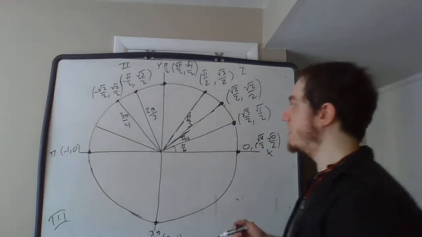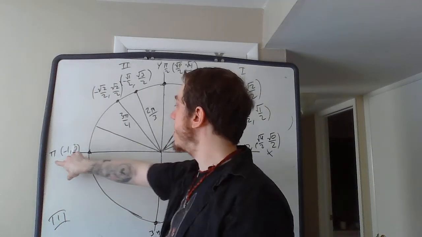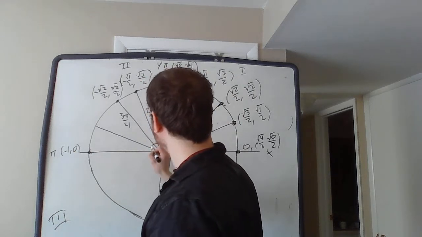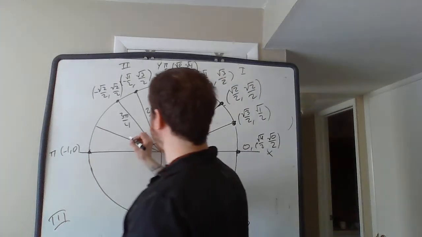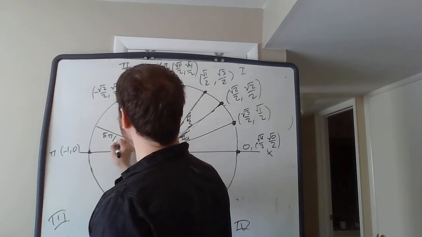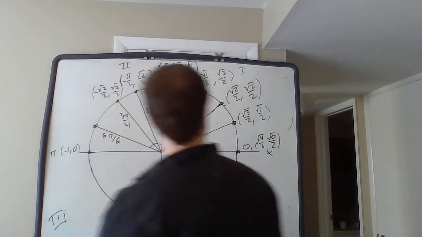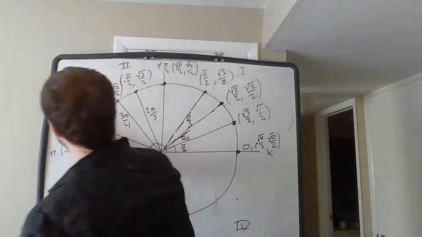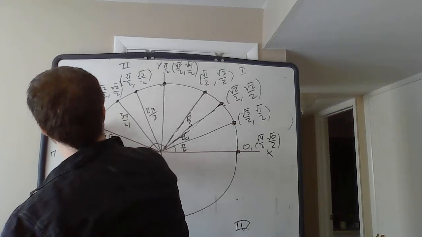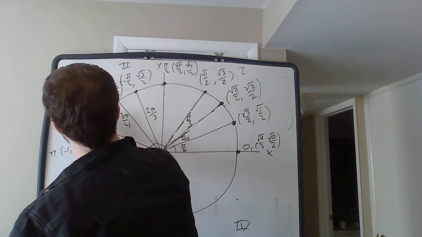Well, you're probably going to see the pattern here. This angle, going all the way over to here, is pi minus pi over 6. That's going to become 5 pi over 6. And what happens to these coordinates? They just become minus radical 3 over 2, comma, radical 1 over 2.